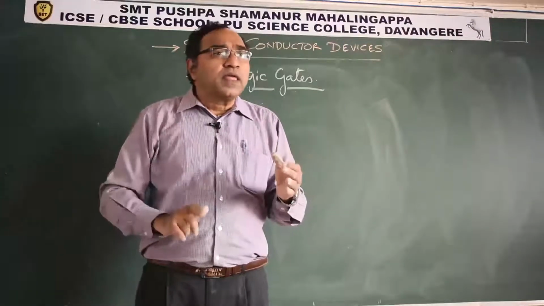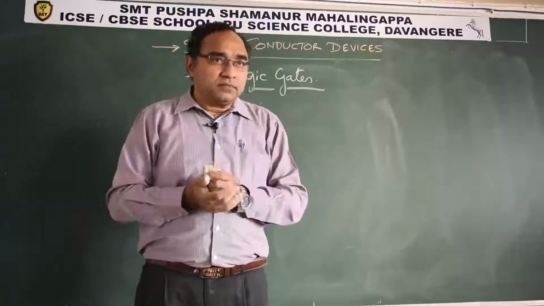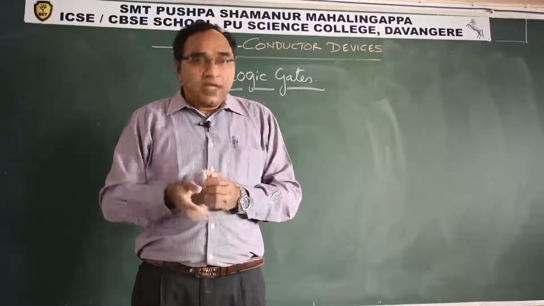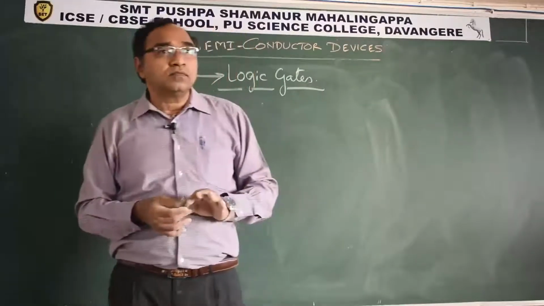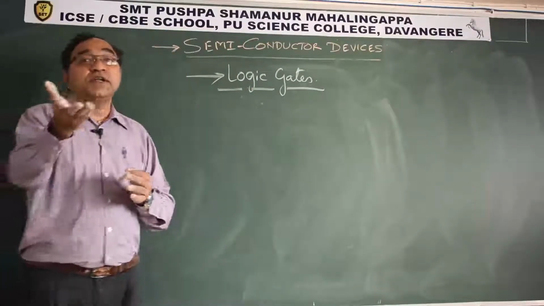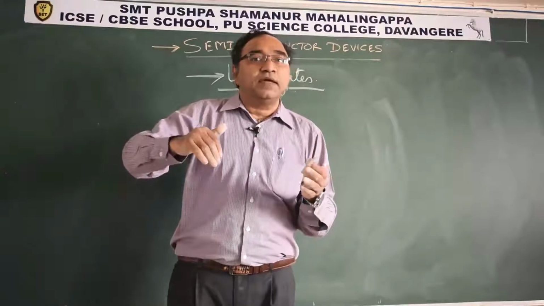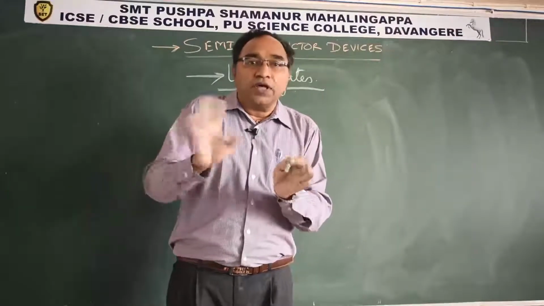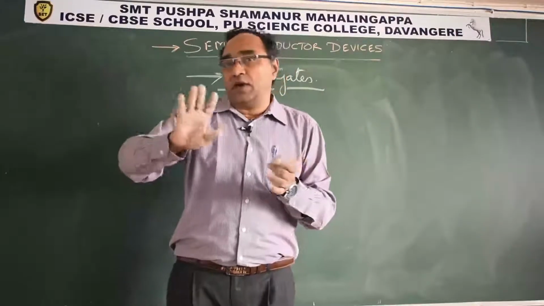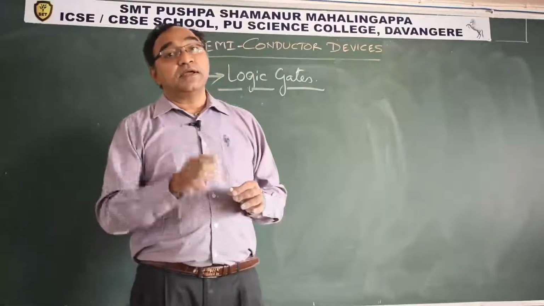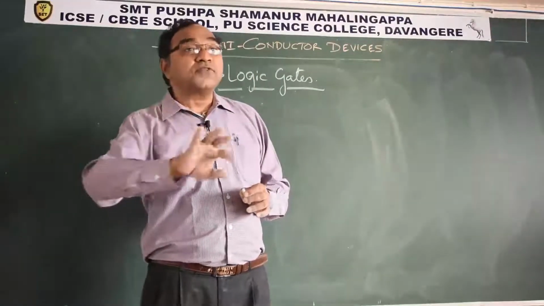Yes or no? If yes, go in reverse bias. Don't let the bulb glow. If no, let it glow. Household inverters: if there is power supply, the inverter is not giving output, your lamps and fan are not working on the output of the inverter. If there is no current, suddenly it switches on.